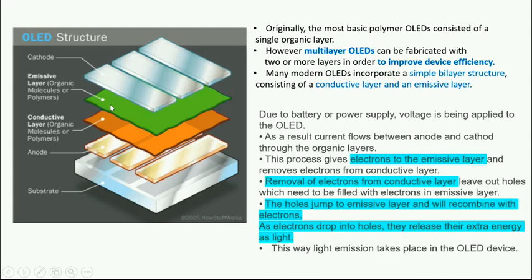Then the energy is released. Exactly the same as an LED, but here an organic polymer is used. The transition of electrons happens between these two layers, the emissive layer and the conductive layer. When an electron moves from the emissive layer to the conductive layer, the energy released comes in the visible light spectrum. That is the basic working of an LED.